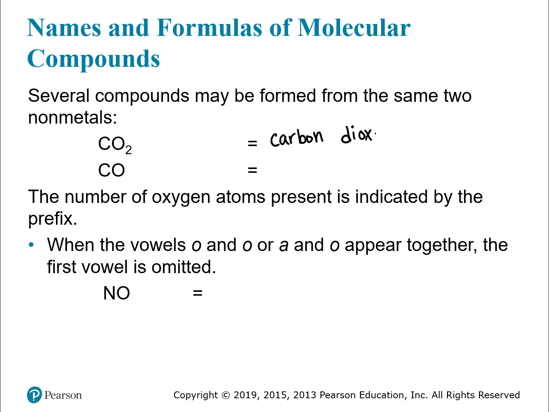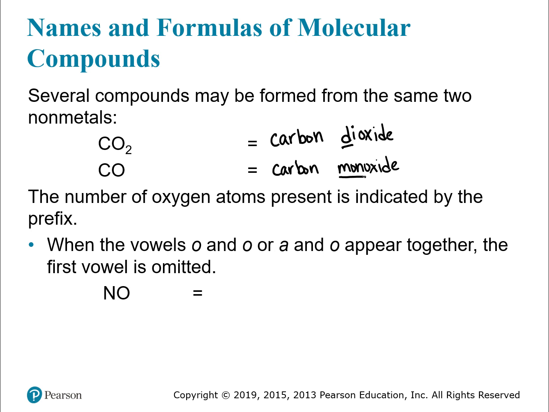Oxygen, so we're going to use ox, followed by IDE. But if you only have one oxygen, it's carbon monoxide. So the number of oxygens matters, and you can see the difference in the name just by the prefix that's used with the oxygen.